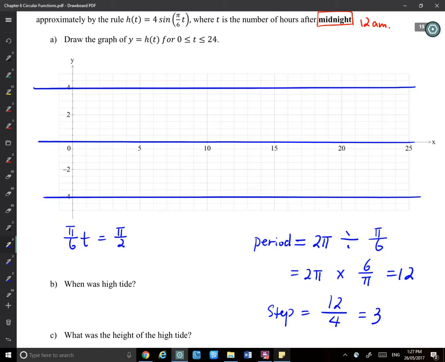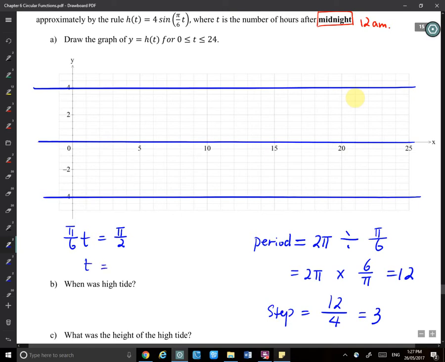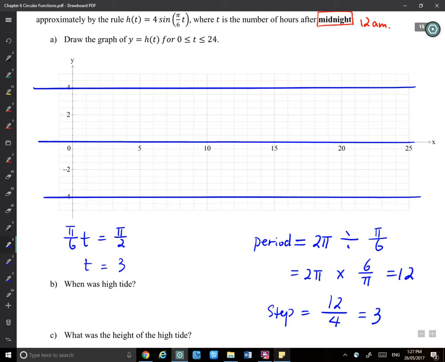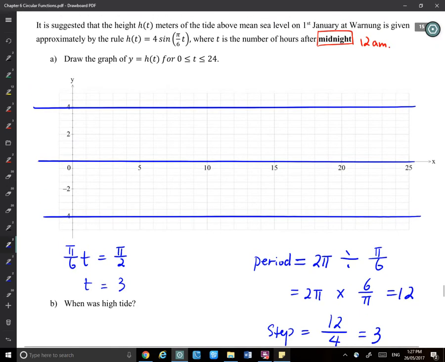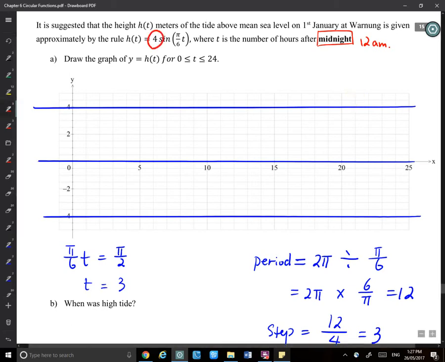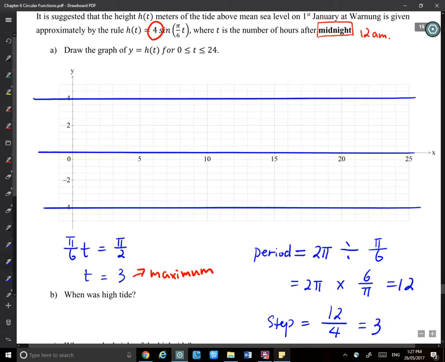So t equals 3, since pi over 6 times 3 equals pi over 2. And then I look at the 4. The 4 is positive, so you will have a maximum point at 3. If it's negative 4, then I have a minimum.